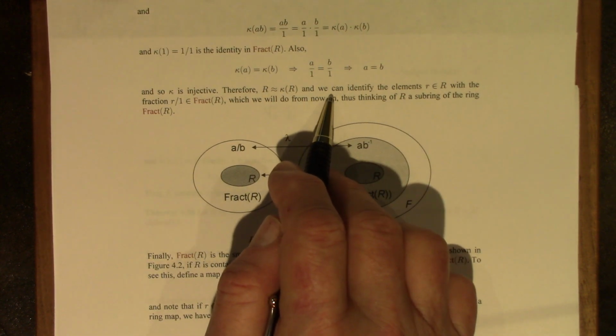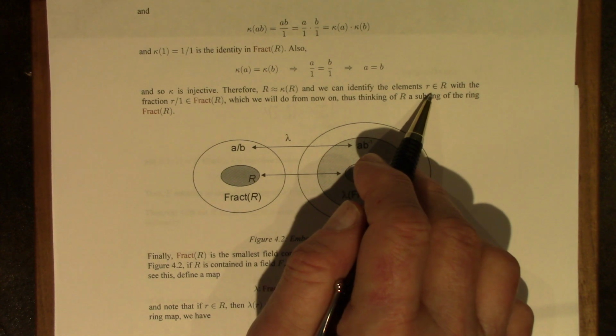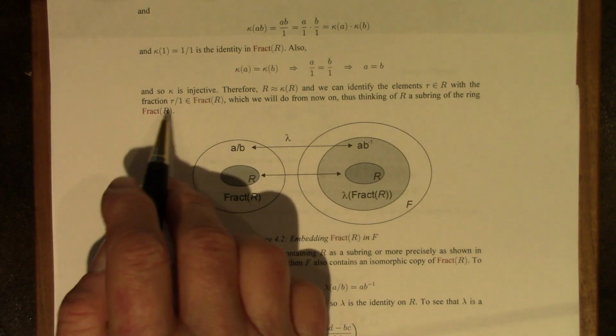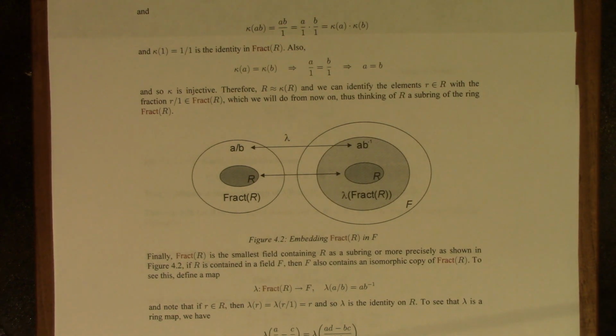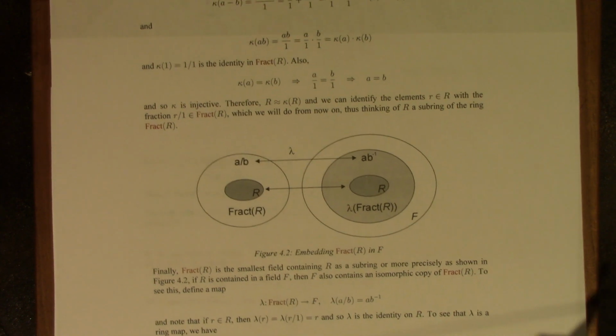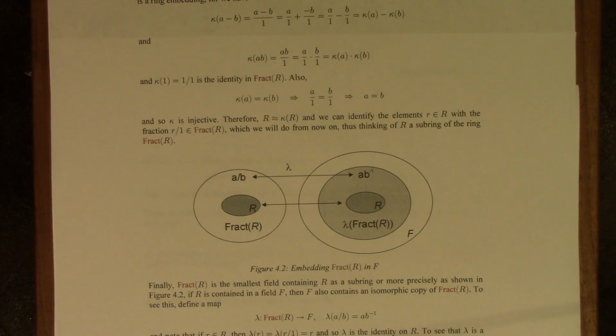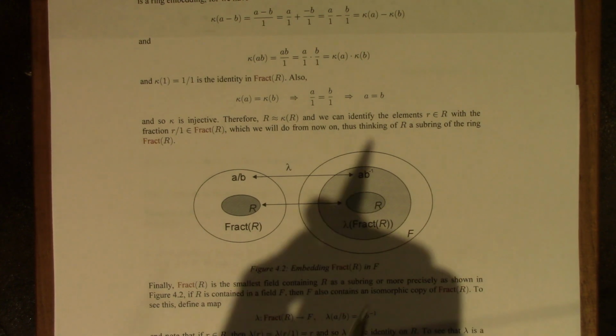And we can identify the elements little r and r with the fractions r over 1. Everybody does that. Everybody thinks of an integer as a rational number. But in truth, there's a little fudge there. But we're going to do that just like everybody else.